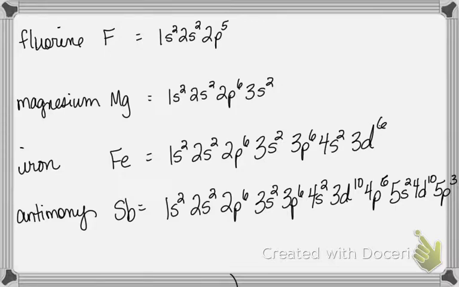Okay, so if you're looking, noble gases are in the last group, group 18. You can't use neon to do the shortcut because neon has 10 electrons and fluorine only has 9. But do you guys see that 1s2, that's helium? So for fluorine, y'all, it's not really a shortcut, but this is called the noble gas configuration. For fluorine, you could write helium 2s2, 2p5.